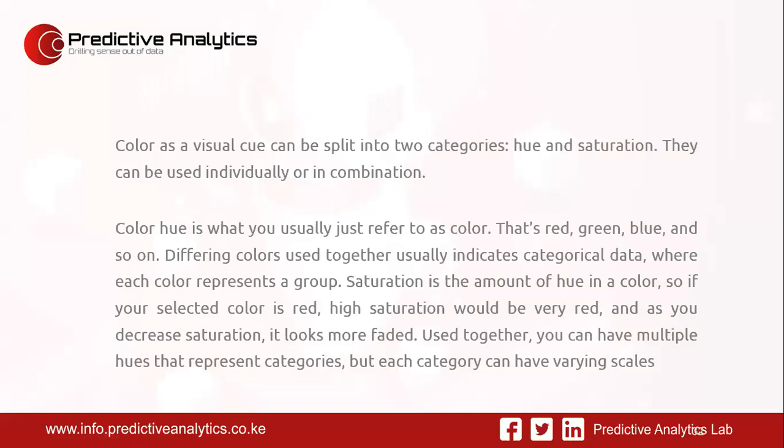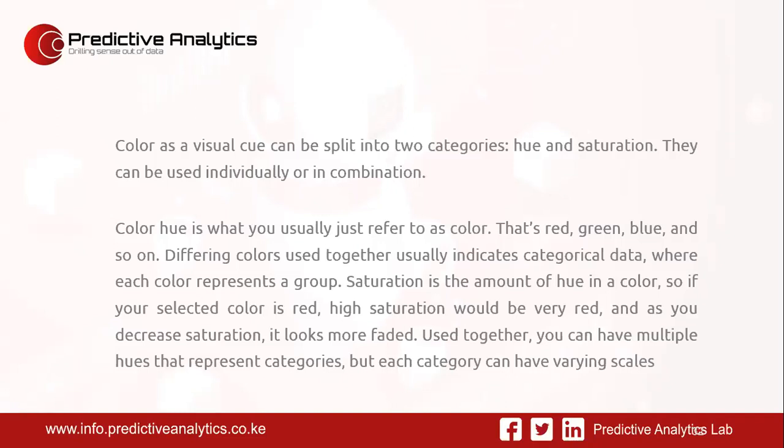So we're almost done. Color as a visual cue can be split into two categories, hue and saturation, like we had seen. They can be used individually or in combination. Color hue is what you usually just refer to as color. That's red, green, blue, and so on. That is color hue. Differing colors used together usually indicates categorical data, where each color represents a group.